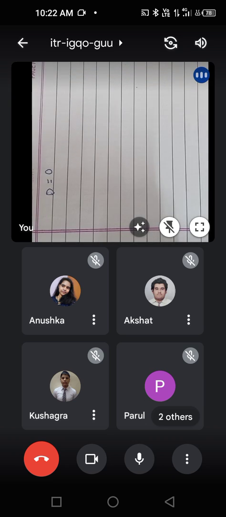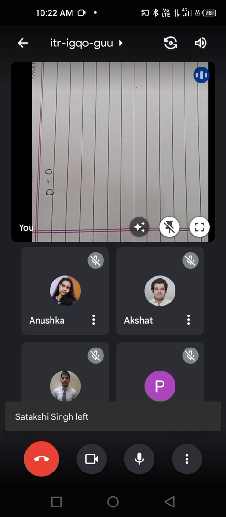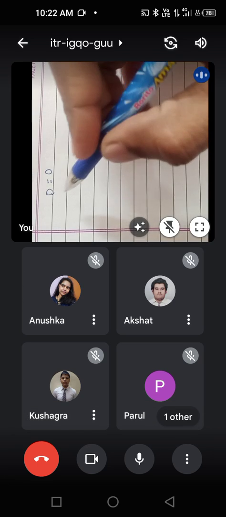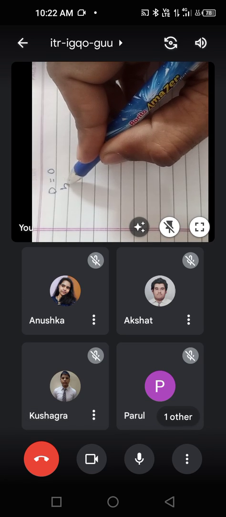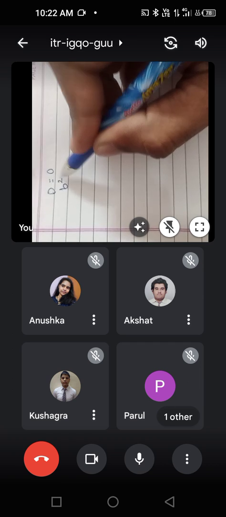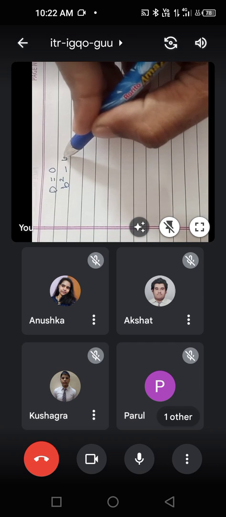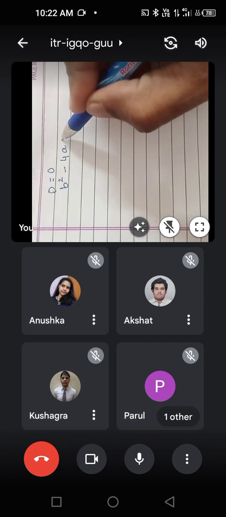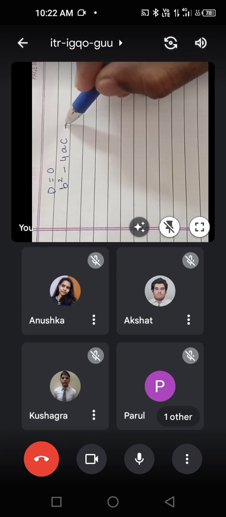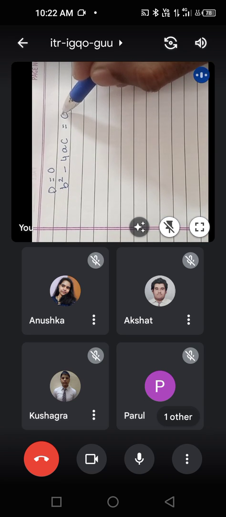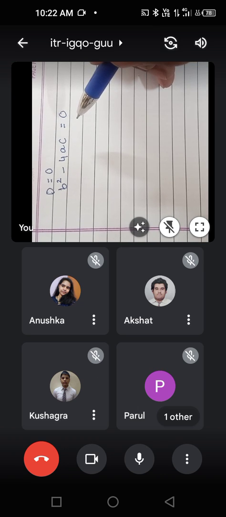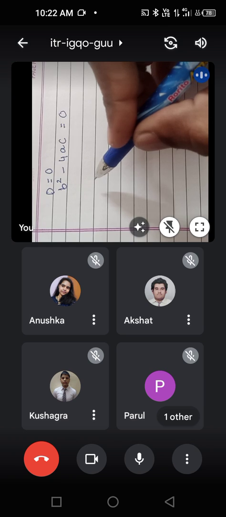Right? And for the value of D, you see here, the value of D is equal to what? b square minus 4ac should be equal to 0. Now here you see b value is equal to k.